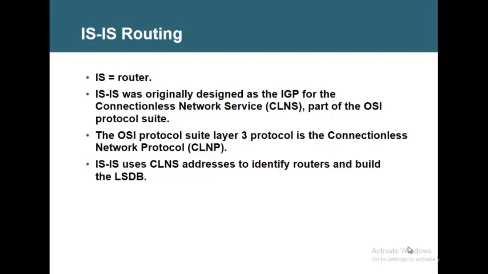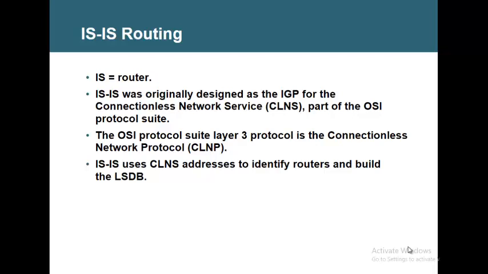The OSI protocol suite's layer 3 protocol is CLNP, Connectionless Network Protocol. So to support CLNP, the CLNS version of ISIS was introduced. ISIS uses a CLNS address to identify a router and build the link state database. You understand this? So we are seeing here there is a special address called CLNS.